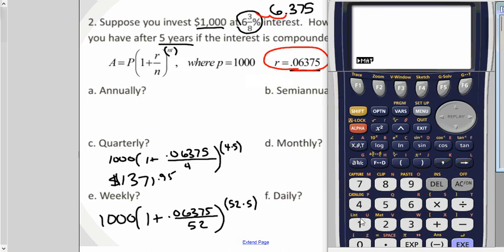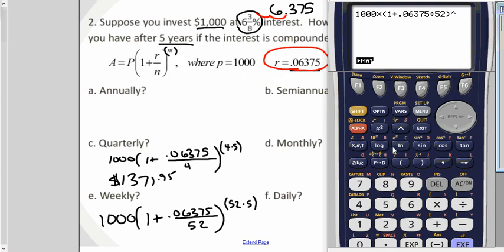So we'll start out with 1,000 times parentheses 1 plus 0.06375 divided by 52. Close parentheses, so that's all inside my parentheses.